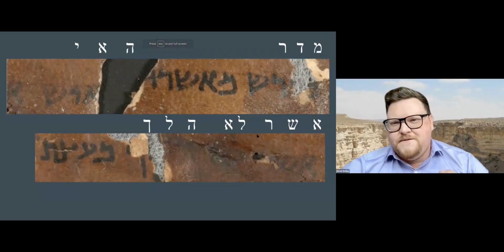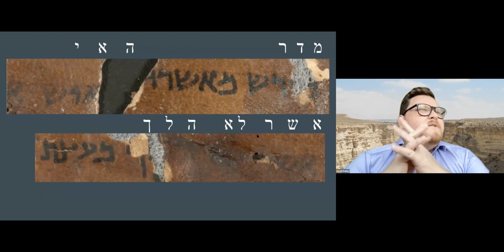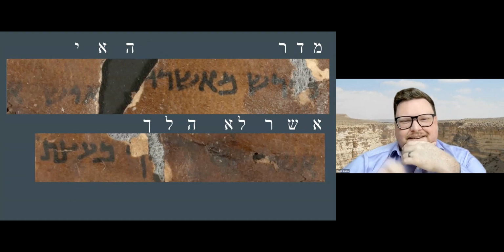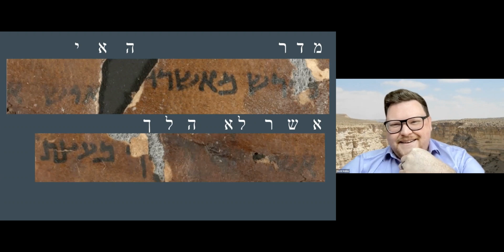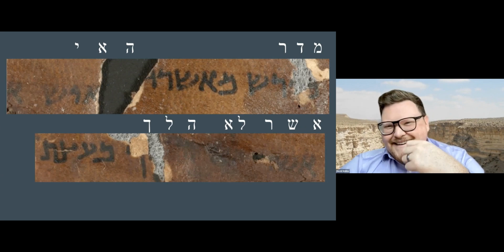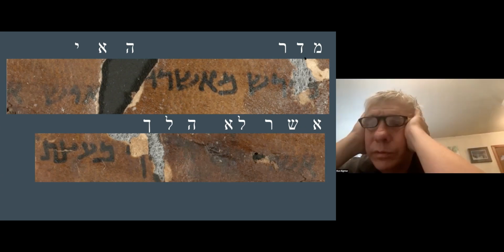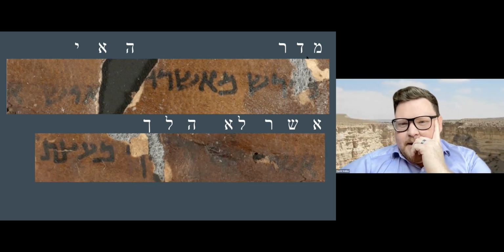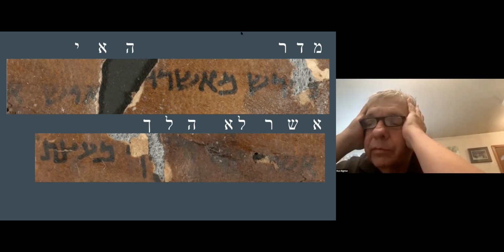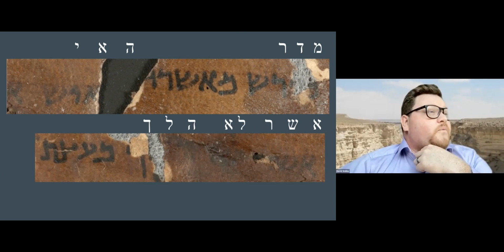Okay. So here comes the fun part. Who wants to start reading the scroll? So to start us off, Ashereh. Oh, who was that? Ron. Ron? Okay. Yeah. So we're right here.